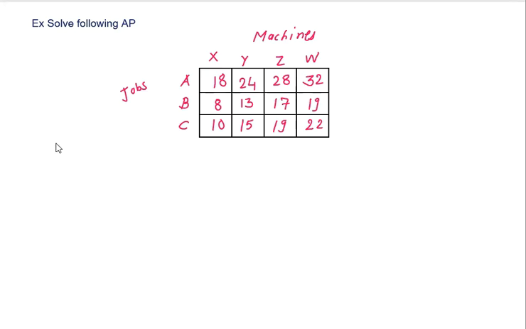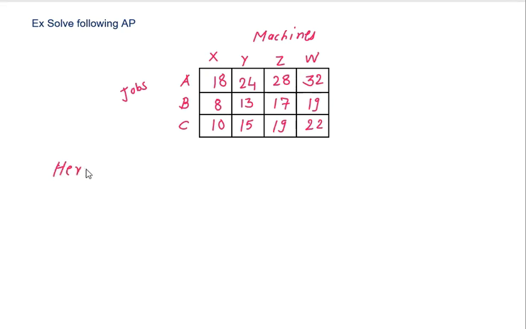So next example is solve this assignment problem. We observe that the cost matrix is not a square matrix, so it is an unbalanced assignment problem.